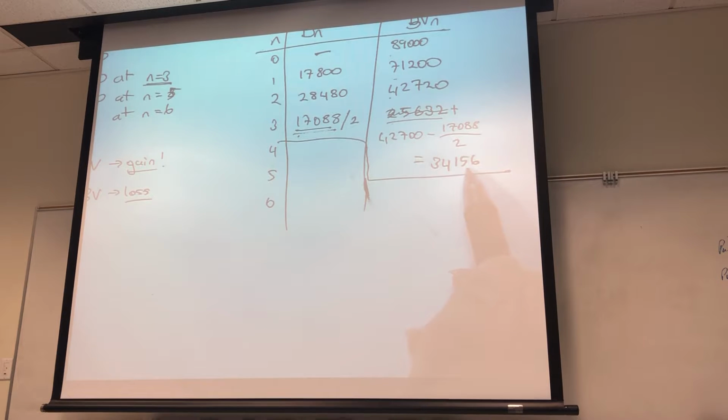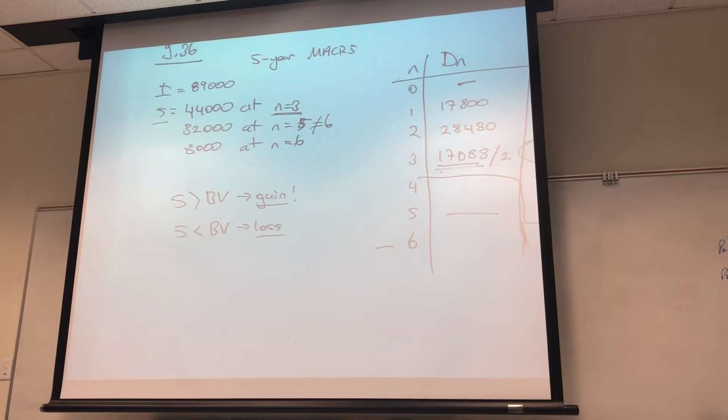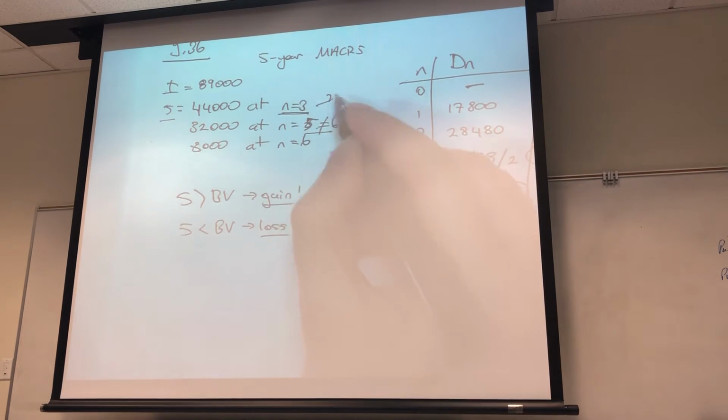Write it down. Half year. Because it's already done for us in the table. The MACRS table does it for us if we fully depreciate it.